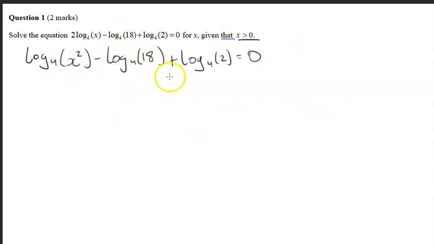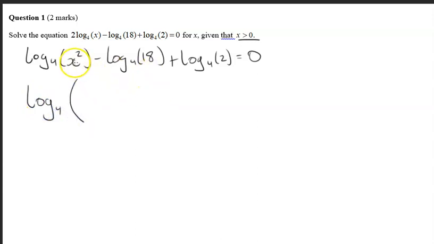Now that we've got all the bases the same, being 4, whenever you see 2 logs being added together, whatever is inside the log gets multiplied, and whenever you see a subtraction happening, whatever you see within the log gets divided. So this is going to be log base 4.